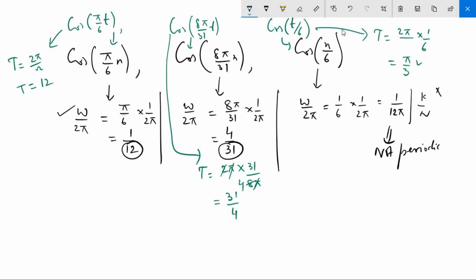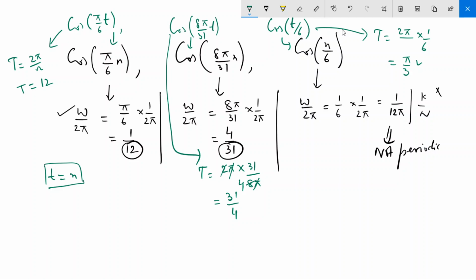Now you can say that these discrete signals can be simply obtained from the continuous time signals if you just take t equal to n. In all the signals, if I replace t with n, it means my sampling time is 1 second.